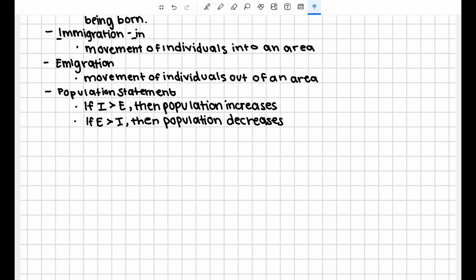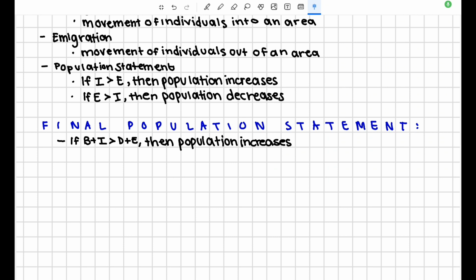So then when we talk about the birth rate, death rate, and immigration and emigration together, let's look at a combined population statement. All right, now let's look at the simple one first.